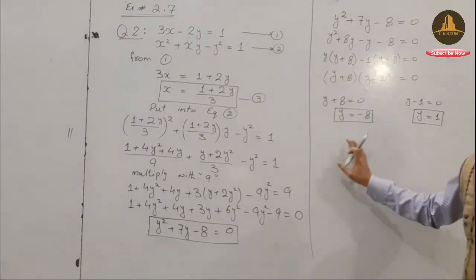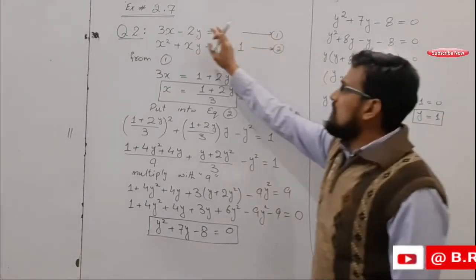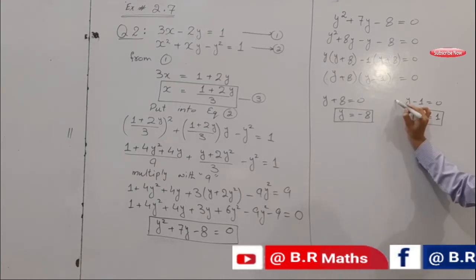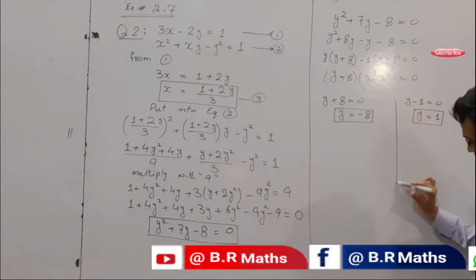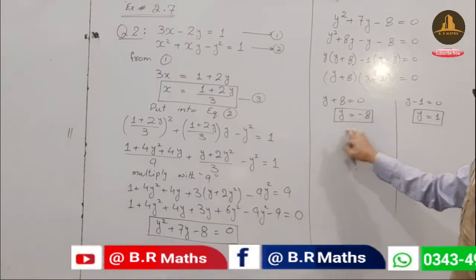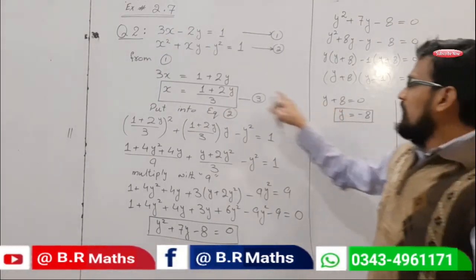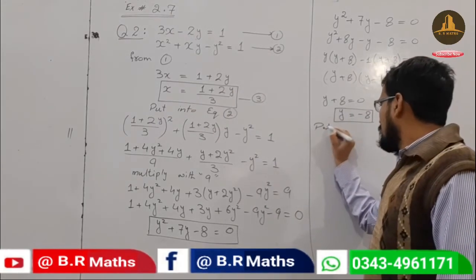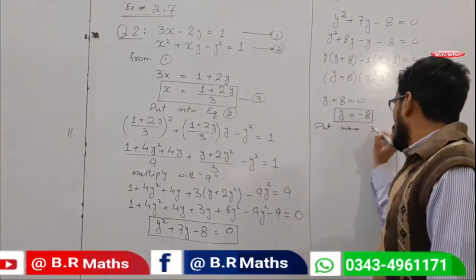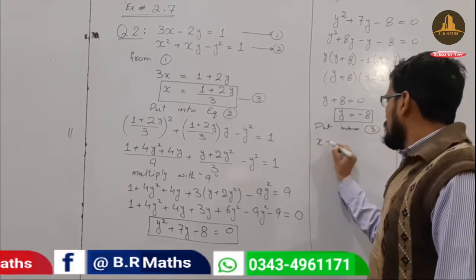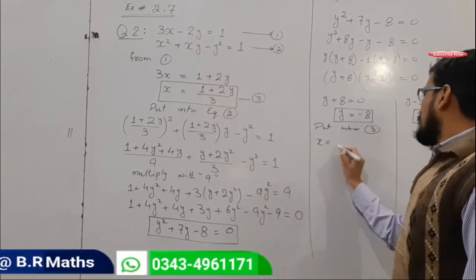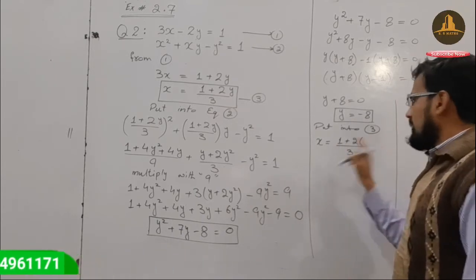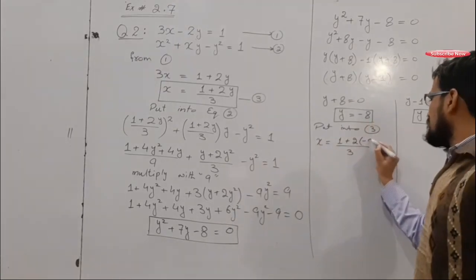This is not your solution set, because in this equation x and y are two variables. So we find two variables x and y. So for these two values of y, for x use 3. x is equal to 1 plus 2y over 3, and y is equal to minus 8.